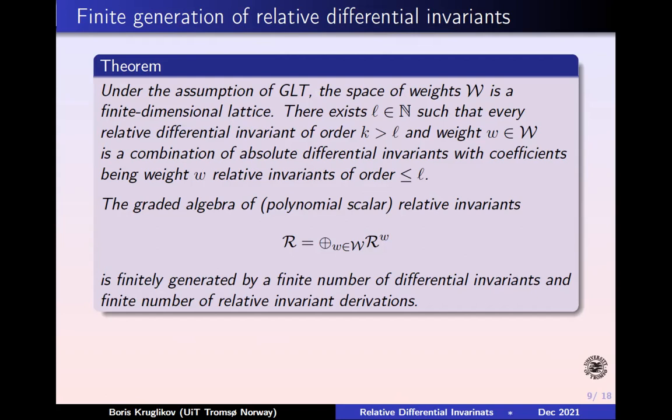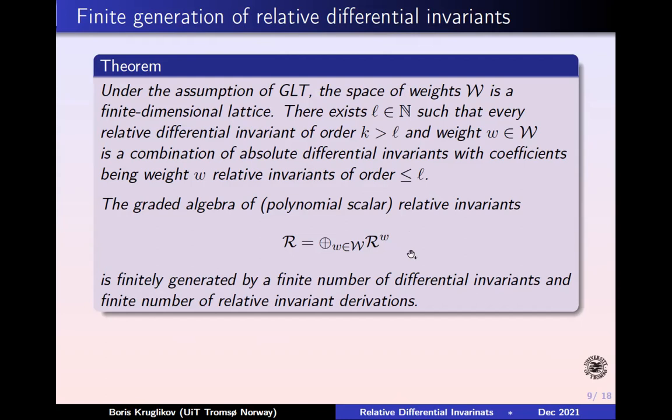Now, the graded algebra of polynomial relative invariants is just this R, the sum of R^W, where W runs over weights. So it's finitely generated by a finite number of differential invariants and invariant derivations, very similar to the previous. It's just that here we have more polynomial behavior. You have to consider this R as a graded algebra.